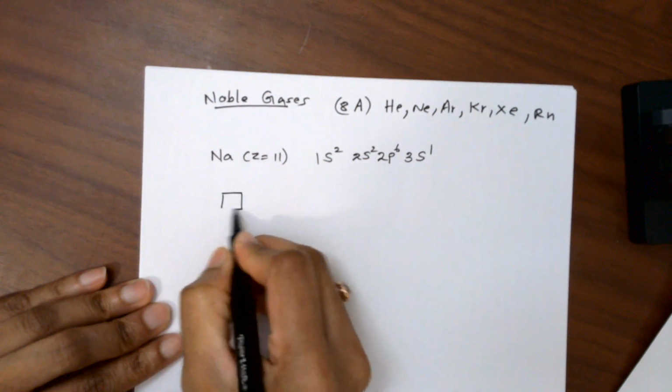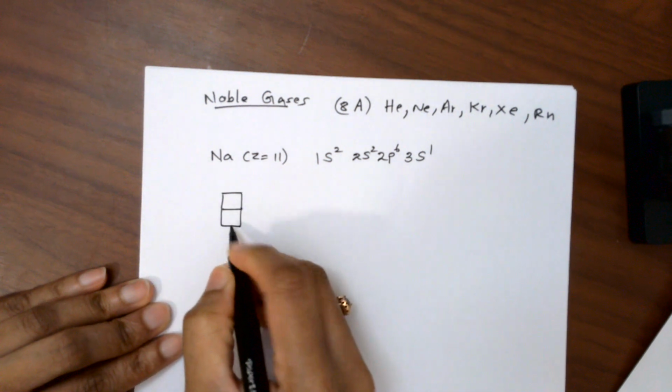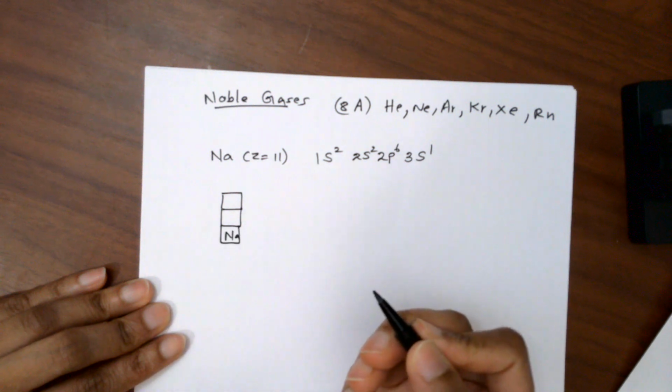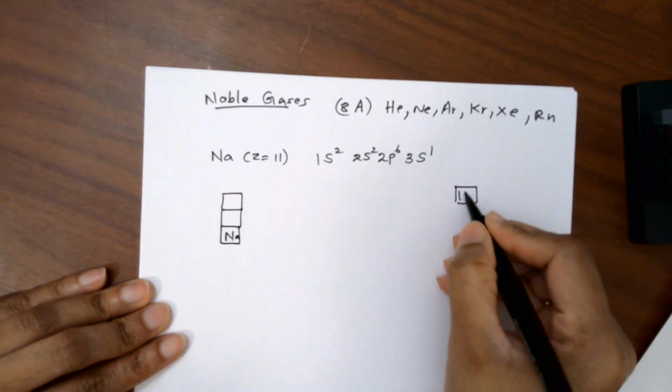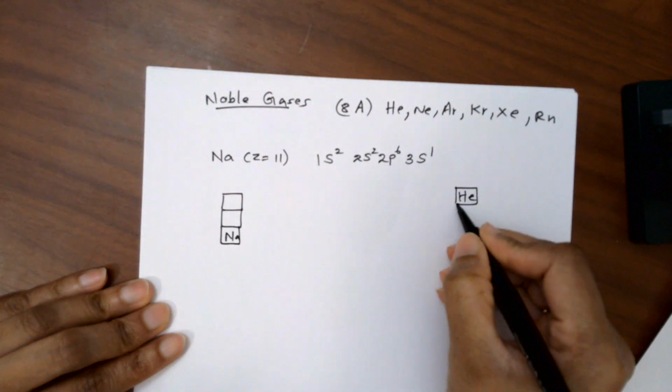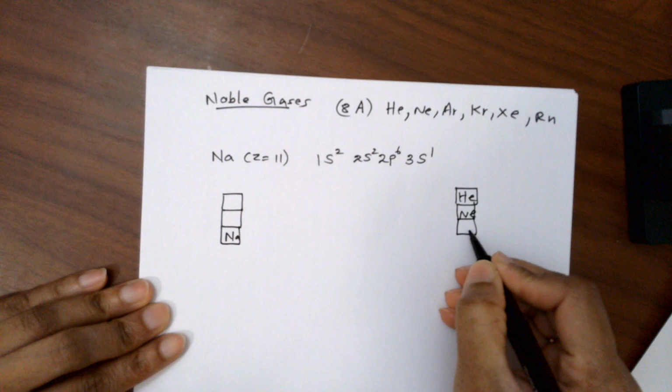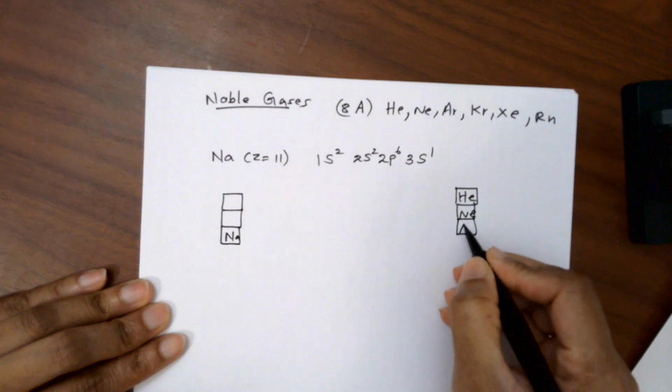Row 1 is hydrogen, row 2 is lithium, and then row 3 is sodium. The row 1 noble gas is helium, the next noble gas is neon, and in the sodium row the noble gas is argon.